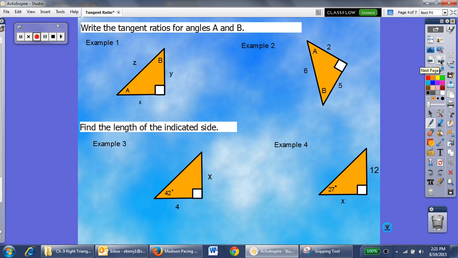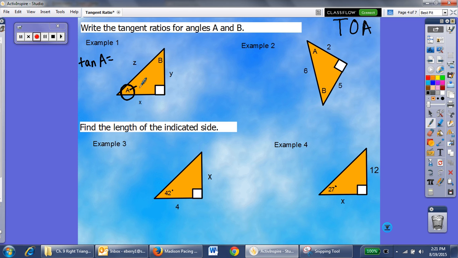Okay, let's look at example 1. So it says, write the tangent ratios for angles A and B. So we're focusing on the TOA part. That tangent is opposite over adjacent. So for example 1, we're going to write the tangent of A equals, so looking at A, I'm thinking, what is opposite to angle A?